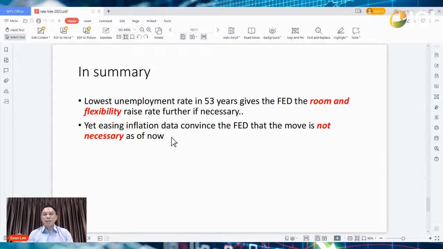Okay, so that's basically the two things we need to look at, why job market report data numbers is also as important as inflation numbers, for example CPI, for example PPI, to determine whether the Fed is going to further increase the interest rate or it has come to an end.